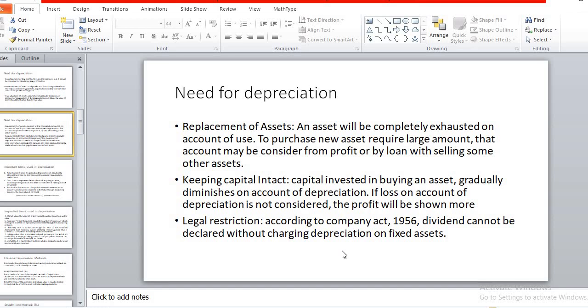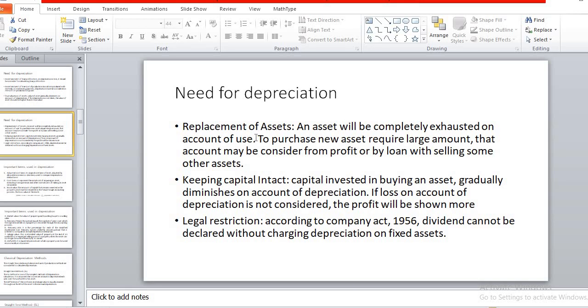Replacement of assets. Now, as per discussion, suppose we want to replace a machine after a certain period of time. For that, we should distribute the amount over the machine's useful life, and that consideration is nothing but depreciation. The asset will be completely exhausted on account of use.